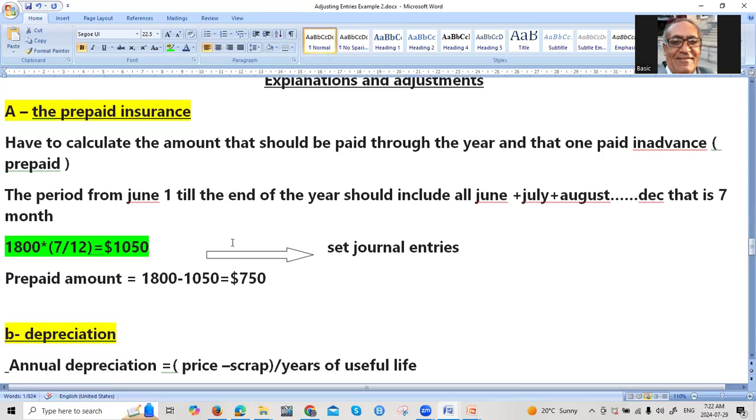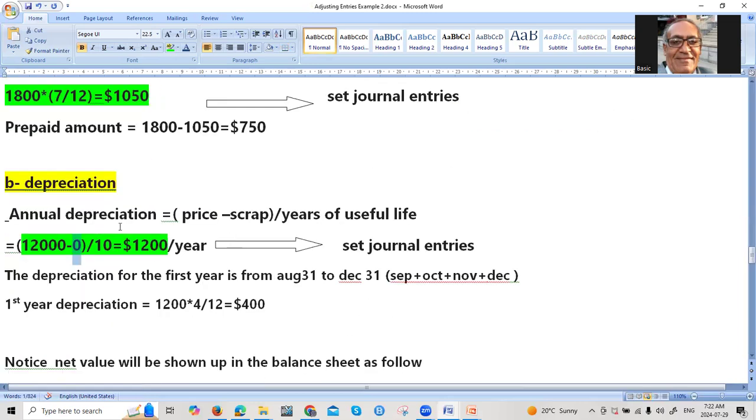Residual and scrap are the same meaning. So price minus scrap divided by years of useful life. Here it is 12,000 minus 0 divided by a useful life of 10 years.